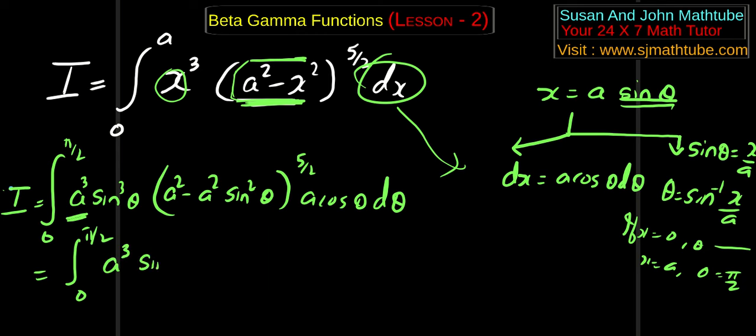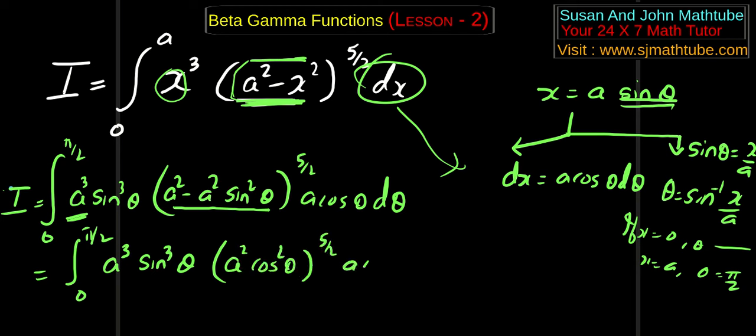and sine cube theta. Now tell me what happens here. A square will come common, 1 minus sine square theta will be cos square theta. So we get a square cos square theta, the whole power 5 by 2, a cos theta d theta. Now I am going to skip a lot of steps. So tell me, this will be a cube, this will be a power 5, and this is a.